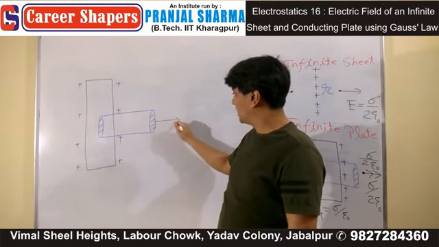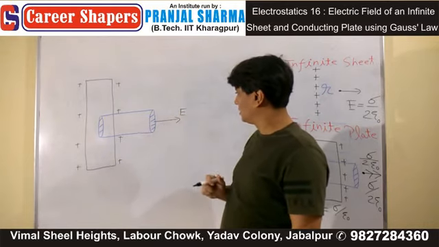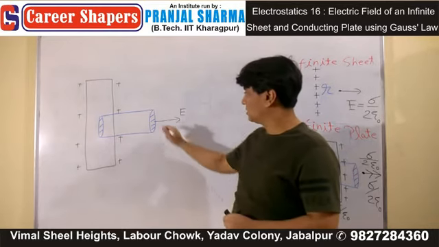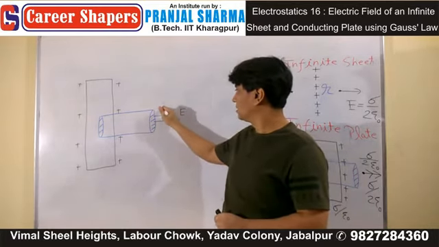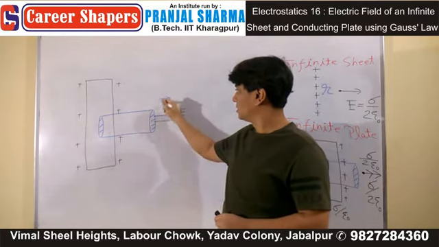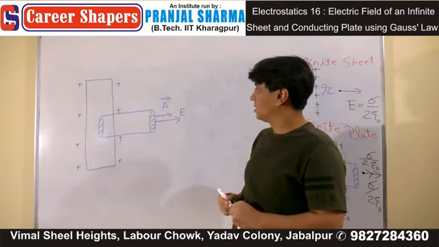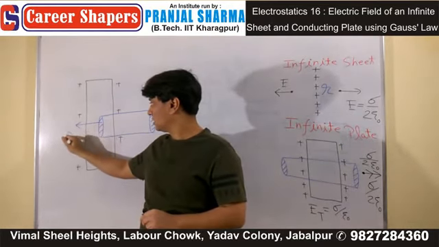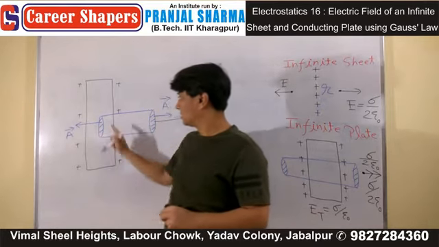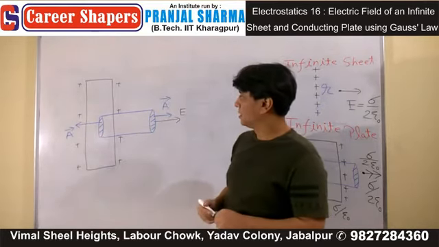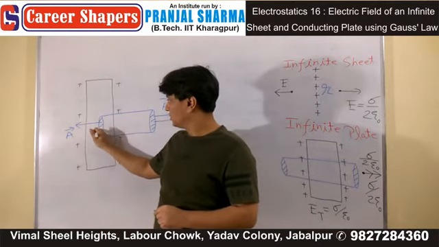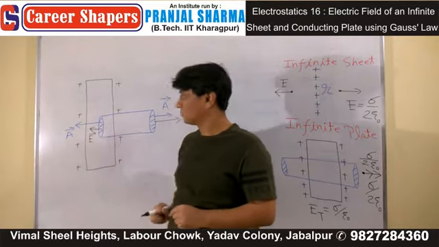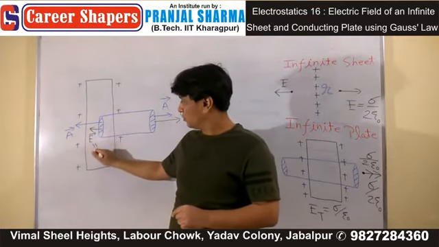This is the direction of electric field. This is the direction of area vector. This is your electric field, which is 0.